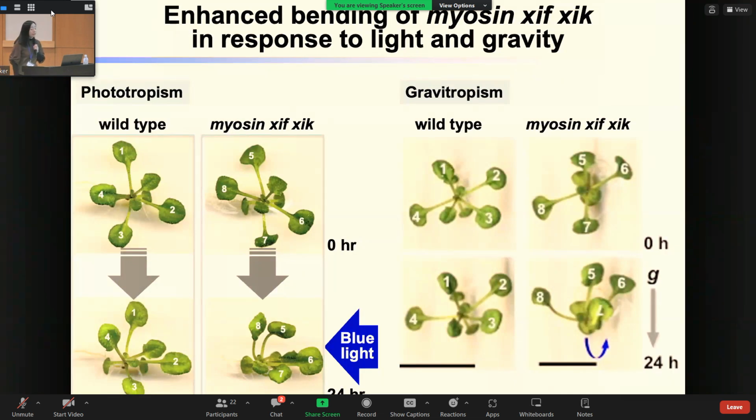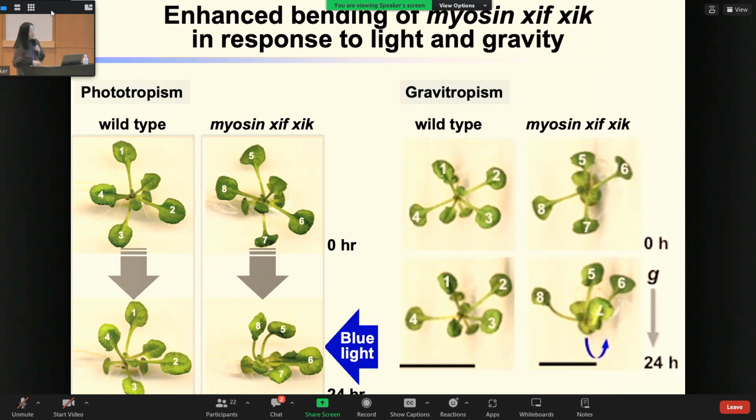To investigate the defect of the double mutant, we tested phototropic responses by irradiation of unilateral blue light for 24 hours. The myosin 11FK mutant petioles showed enhanced bending compared to the wild type.